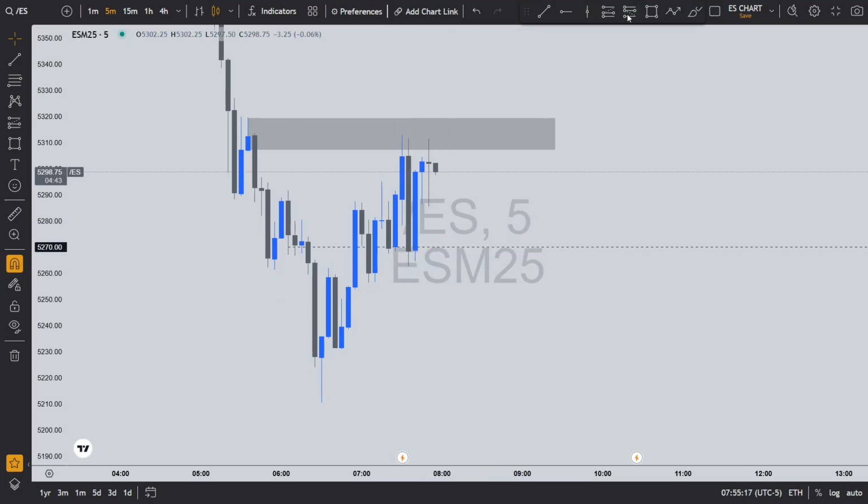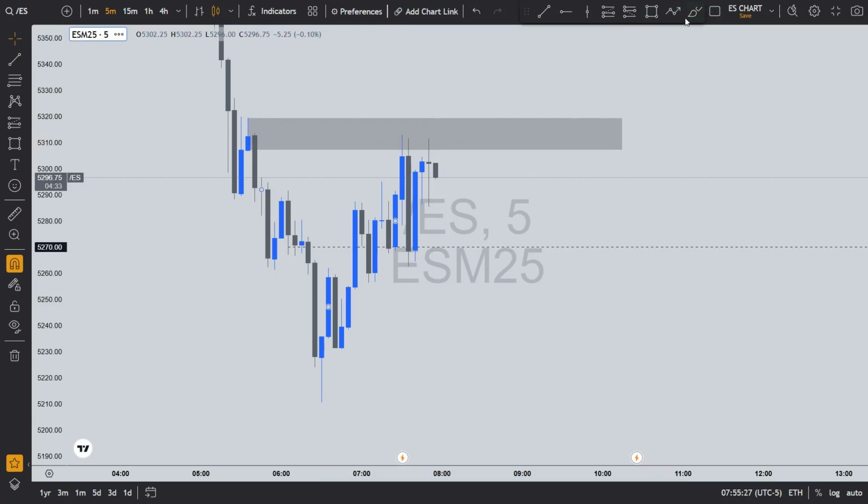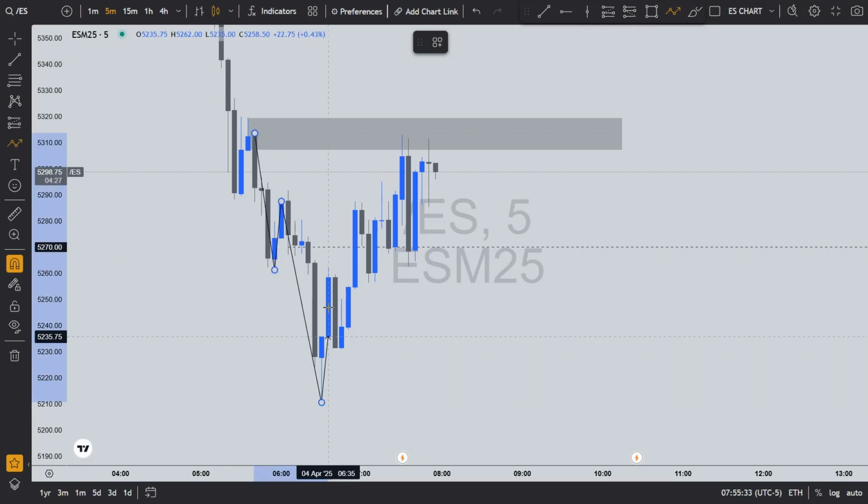Originally I was looking for a sell here, but price ended up continuing the trend down, and then it ended up reversing and flipping bullish.